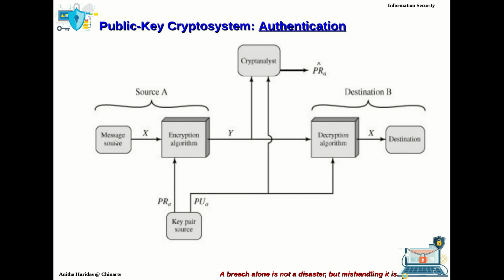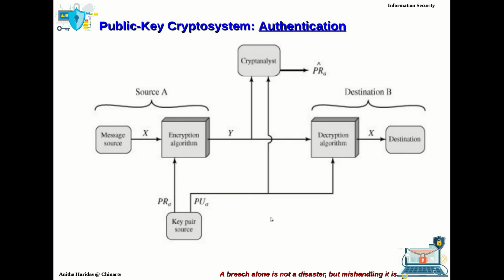So the message will be taken as the input by the encryption algorithm, and the second input will be the private key, and it generates a ciphertext, referred to as Y here. The Y will be decrypted using the public key, and the decryption algorithm generates the plain text X at the destination end.